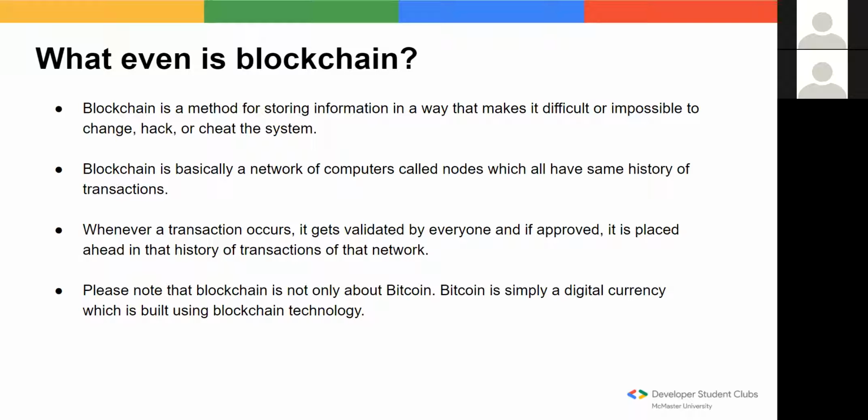Whenever a transaction occurs, so this is a specific case of Bitcoin, for example, which uses blockchain technology, it gets validated by every single node, basically every single computer in that network, and then it's placed at the head of the whole blockchain chain in a way. I would also like to note that blockchain is not only about Bitcoin. Bitcoin is just a digital cryptocurrency that is built based on the blockchain technology.